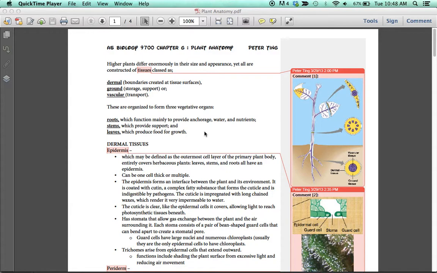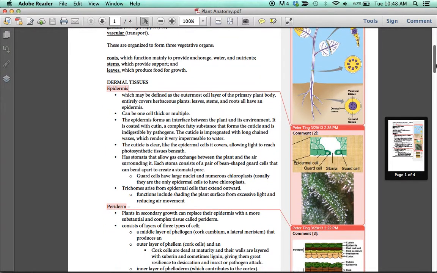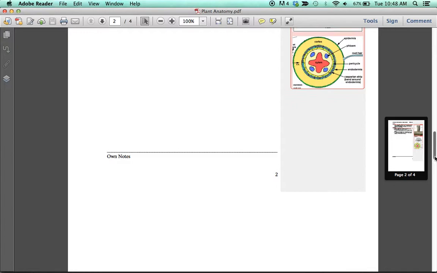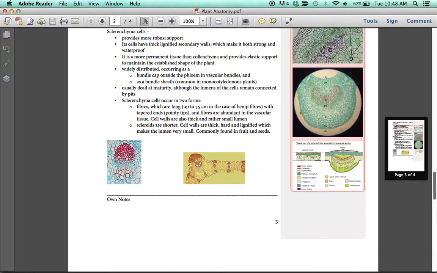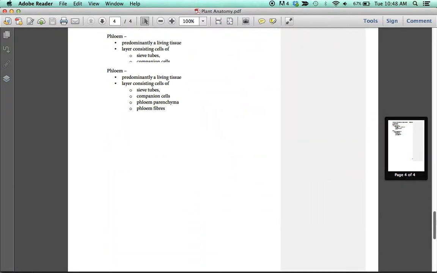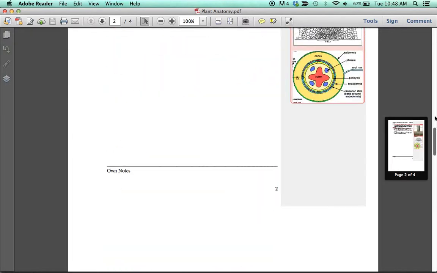Now, first of all, before you learn how to draw these structures, you must learn the theory and come to know about their structures first. So I'm going to give you this document and you're going to go through these notes to check out what structures of the plants are involved.